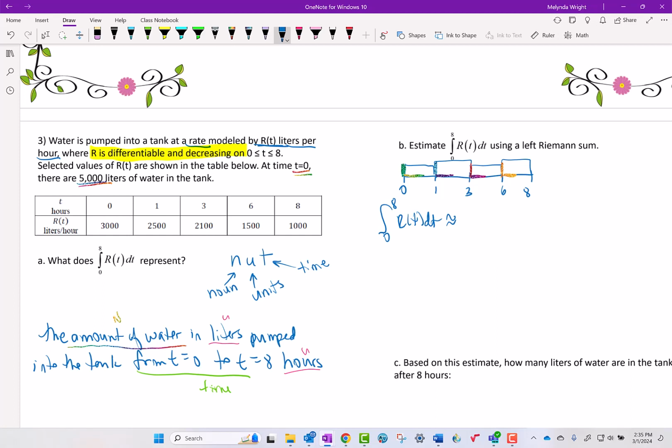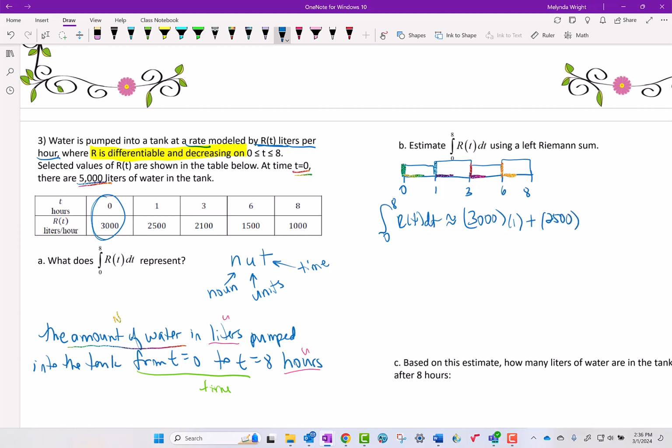So the height of this first rectangle would be, at 0, 3,000. And the width of this first rectangle is 1, plus. Okay, let's go to the second rectangle. The height of this second rectangle would be represented by the left side, which is at 1, so 2,500.